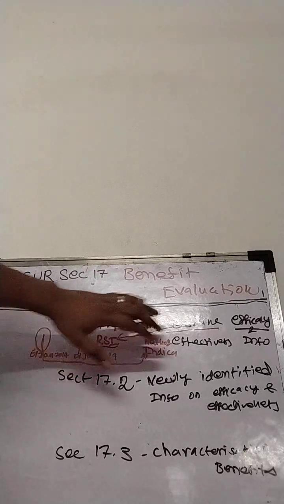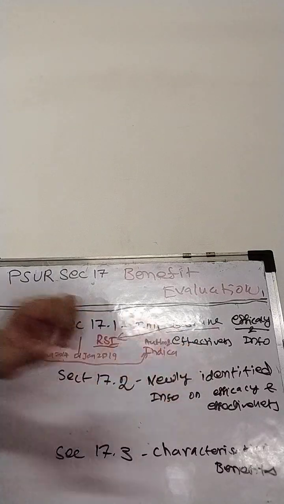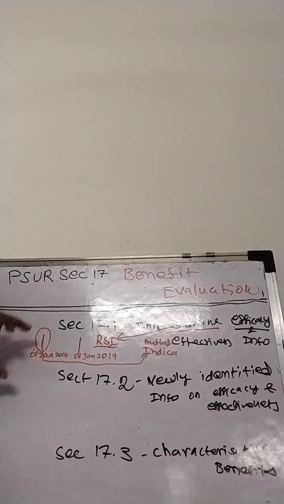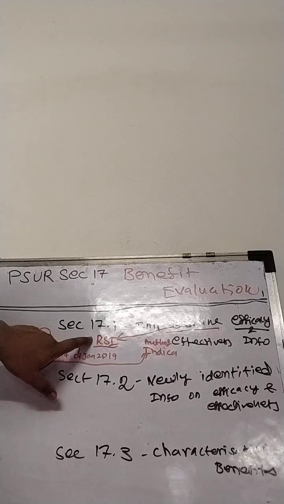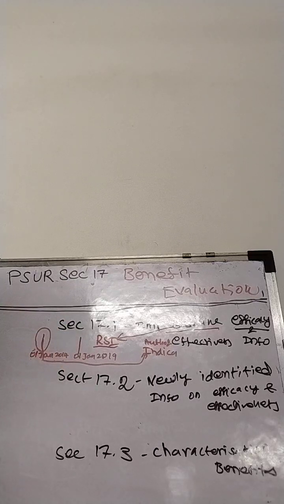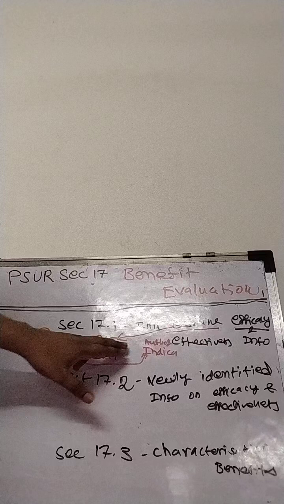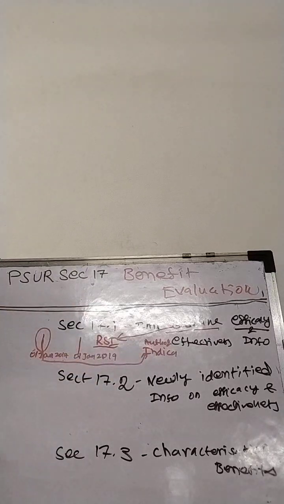That is the difference between efficacy and effectiveness, and you are going to draft this section. So the take-home message is: go and check which RSI was effective at the beginning of your review period. Take that RSI and list down the indications, based on the template or whatever company-specific information you have. You can draft this section.